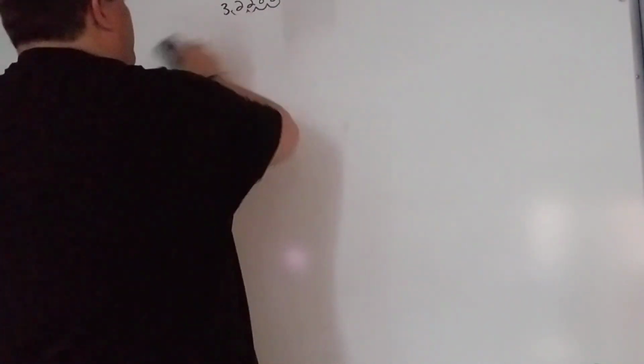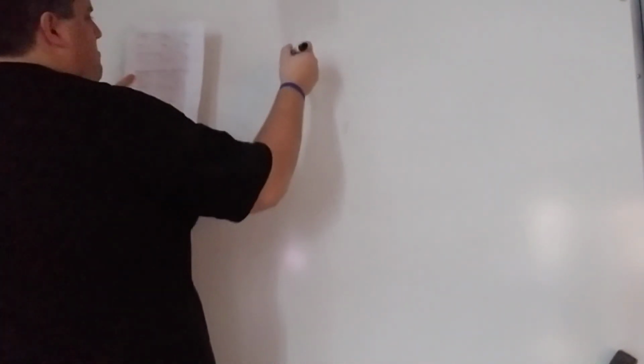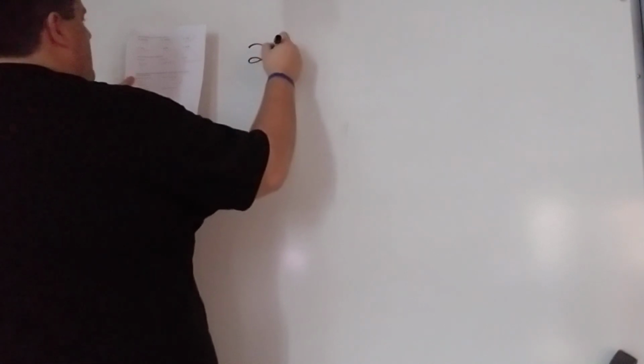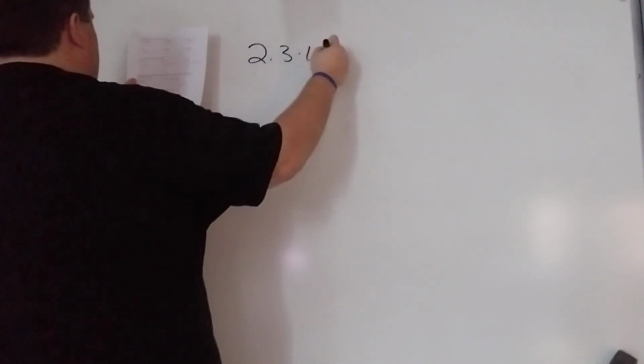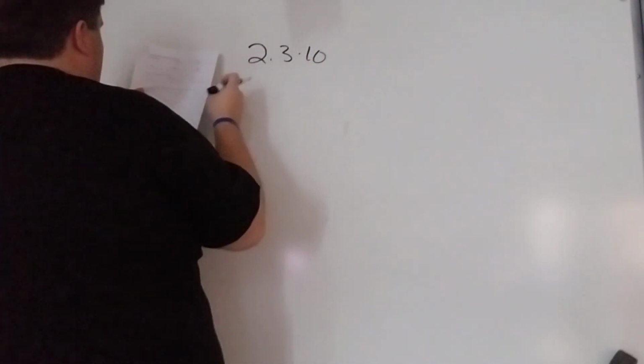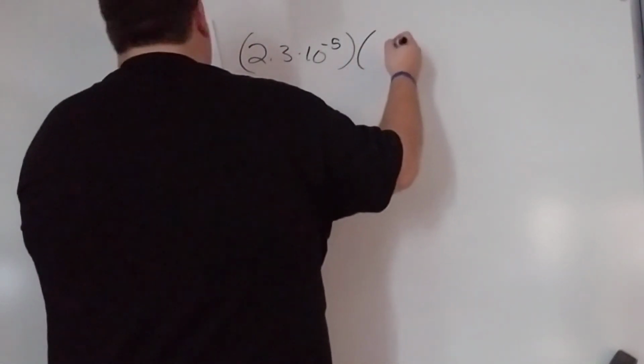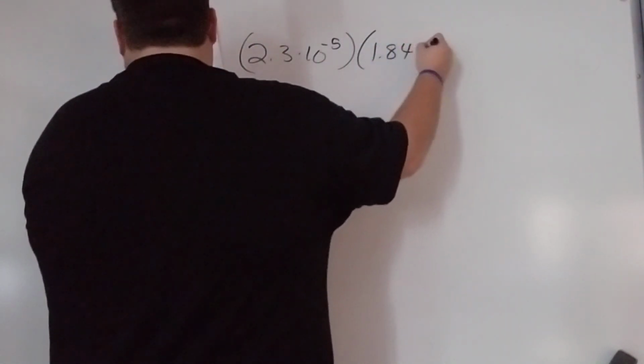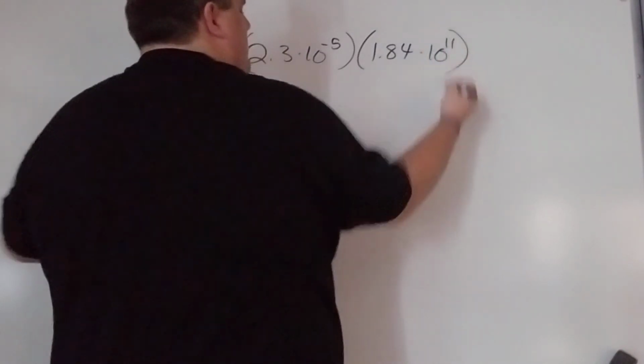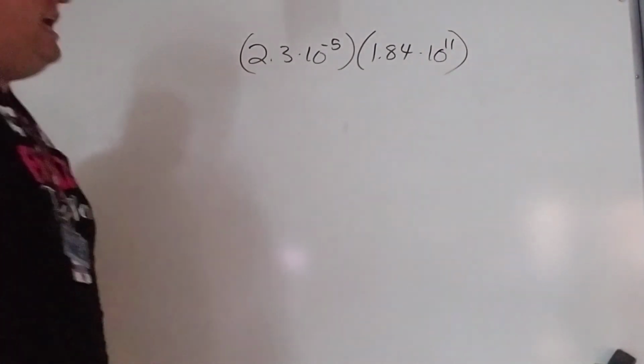Let's see here, number 30 is multiplying again, so that's pretty easy. 2.3 times 10 to the negative 5th, 1.84 times 10 to the 11th. Now when I multiply these, again, we're going to do the same thing.